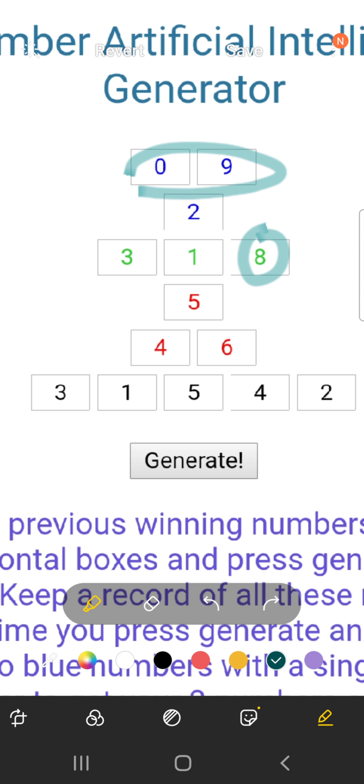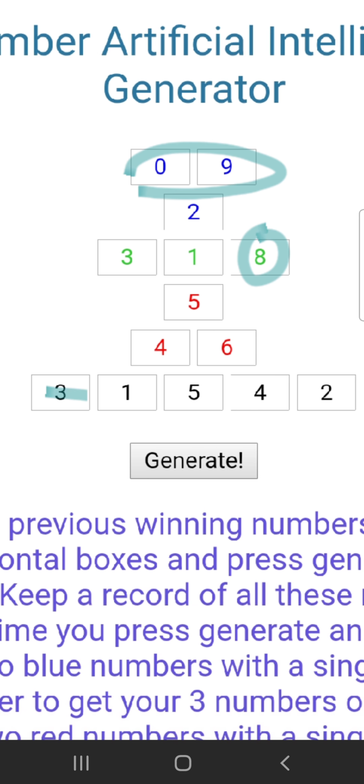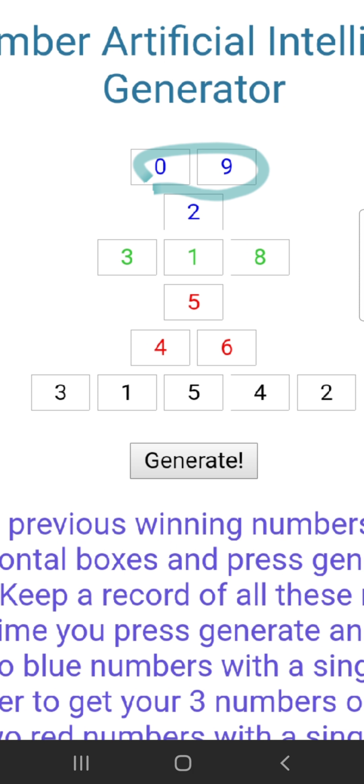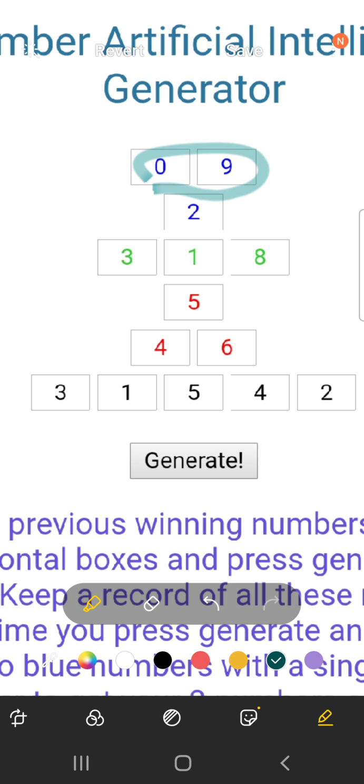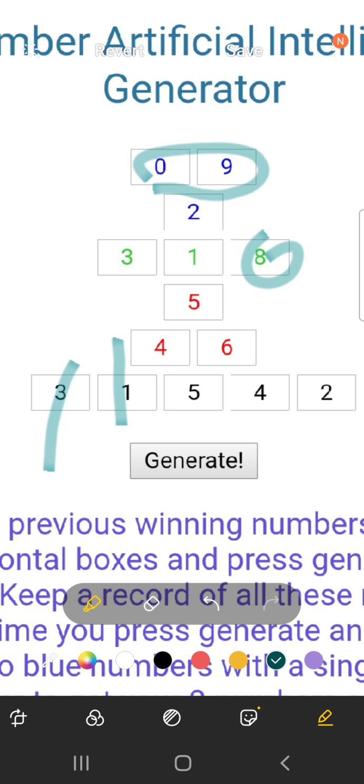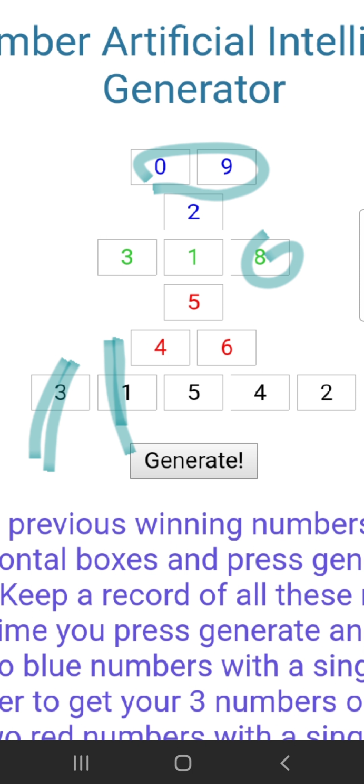Like as I tell you, each different section that you generate, or each time you generate, you will get different black numbers. So I get 980 here. That is 0, 9, and 8. Remember, you gotta match the two blue with a single green to get your first three numbers first, and then you go down right here, and then you will get 9801, 9803.